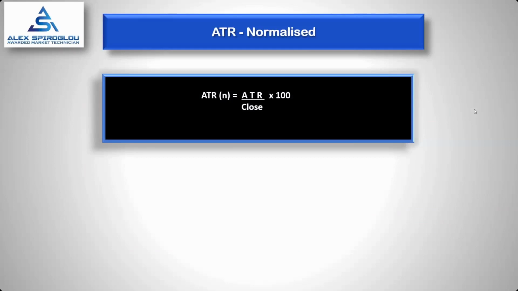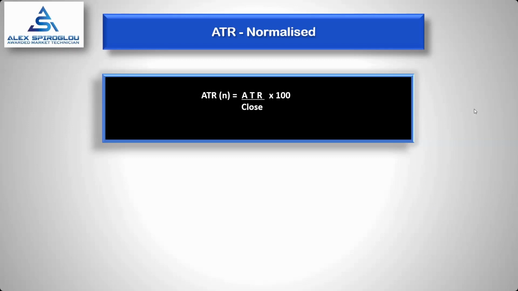It's different to be fluctuating, say, 50 ticks for a $100 stock and 50 ticks for a $200 stock. The average true range will show 50 ticks for one, 50 ticks for the other, but it's much different when you compare it to the price of its market.